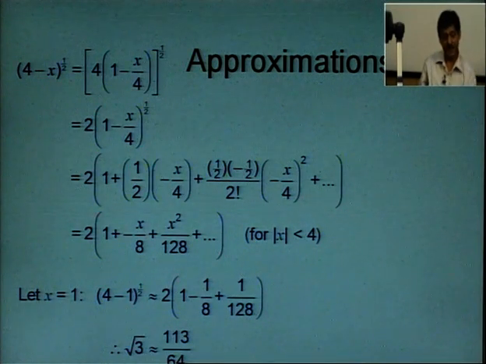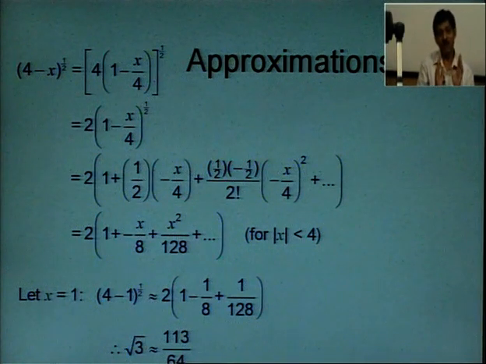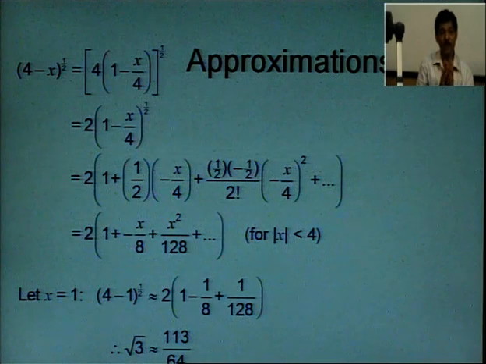So, 4 minus x raised to power half, as usual I will make the first term as 1. So, I take 4 as common, and what is left inside the bracket is 1 minus x upon 4, raised to power half. 4 raised to power half, all of you know, is 2, into 1 minus x upon 4 raised to power half.